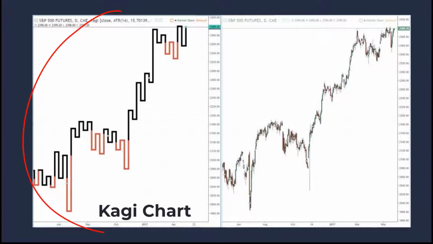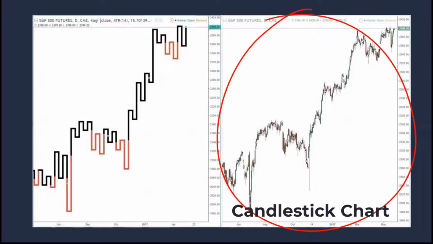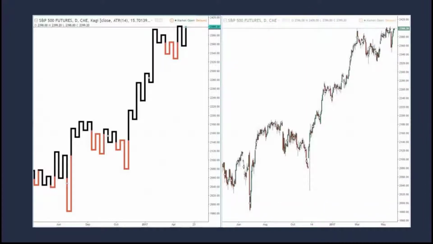On the left we have our Kagi chart, again on the S&P 500, and on the right we've got a candlestick chart. Same period of time, but look how the Kagi chart gets rid of all that noise and simplifies the whole analytical process. And this is one of its super strengths, is how easier it makes your analysis and trading, and because of that it produces a more disciplined, consistent approach.